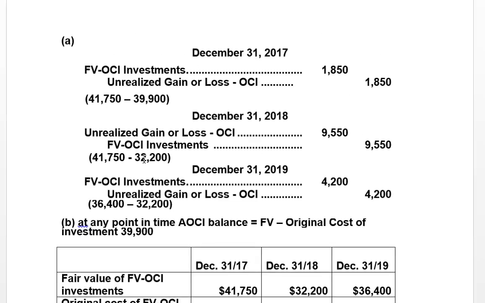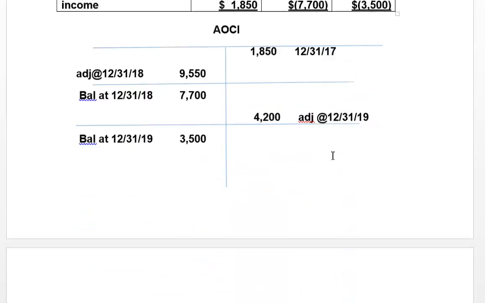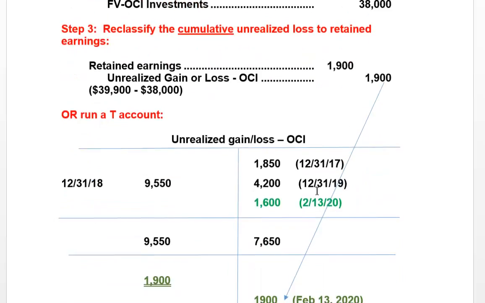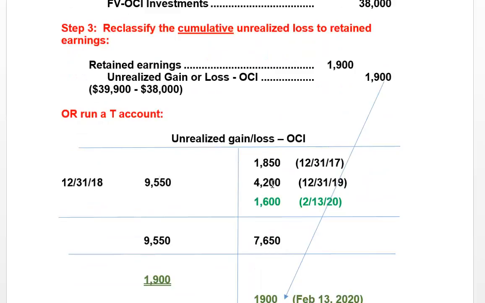We noticed that our OCI investment was sitting at $32,200, but we, at the end of 2017, by doing this $1,850 adjustment, moved it to $41,750. So we had to debit the unrealized gain or loss to bring the investment portfolio down by $95.50. Well, that adjusted our unrealized gain or loss by a debit.